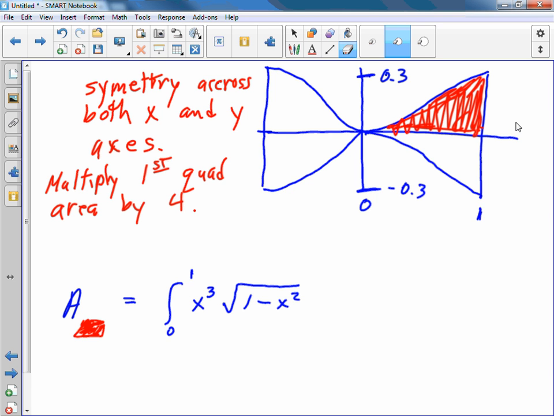Okay, so we'll say that the area of the red region is equal to the square root of the whole thing, y squared. I'll do it like that.